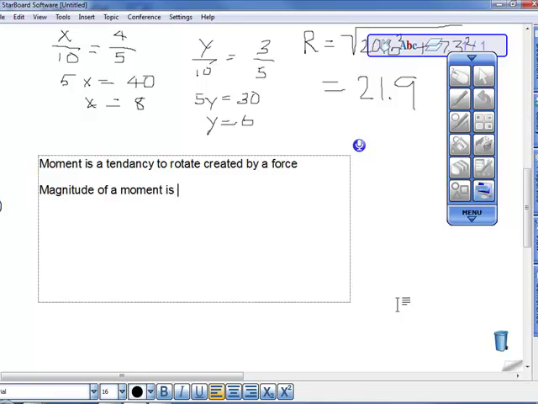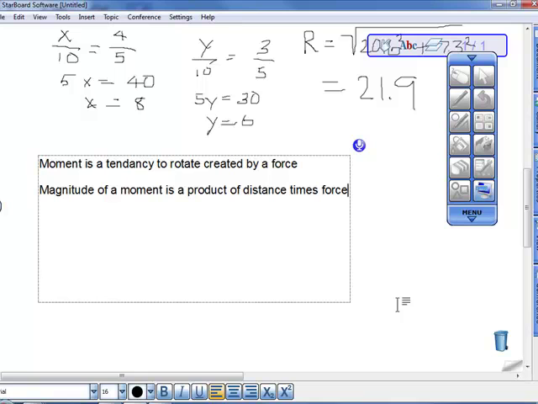The magnitude of a moment is a product of distance times force. Remember that? It's pretty simple.